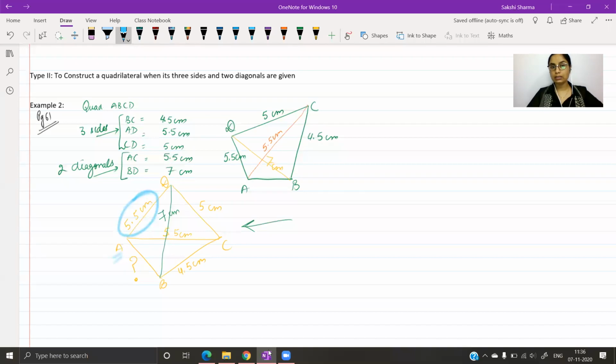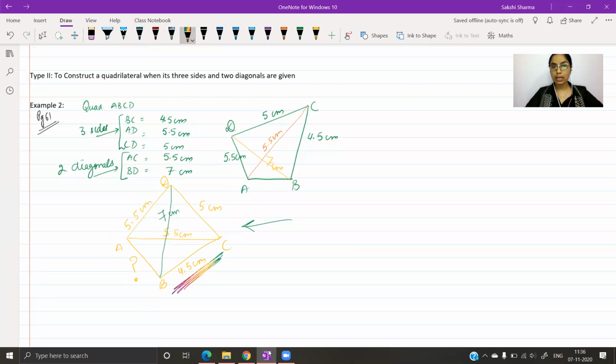And to obtain this triangle, what I have is this distance. Now please observe carefully. For obtaining the triangle below your diagonal, what are we going to use? We will be using this distance from point C, 4.5 centimeters.